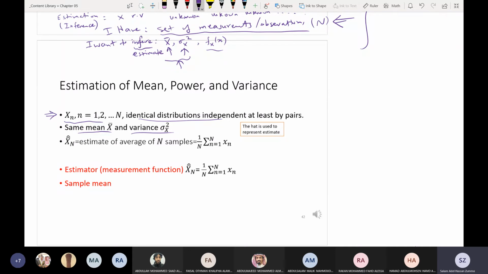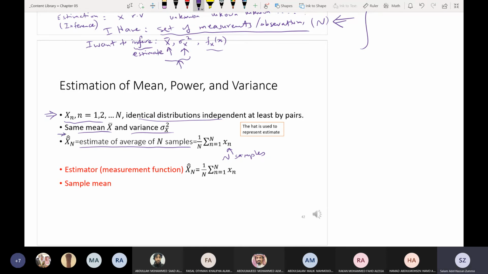And I want to estimate the average of these n samples. يعني أنا عندي n samples small xn. لو تذكر random variable capital xn. أنا عندي هنا السامبلز هذه small xn's. هذه السامبلز، n samples. I want to estimate their average. Average هنا we give it a hat.